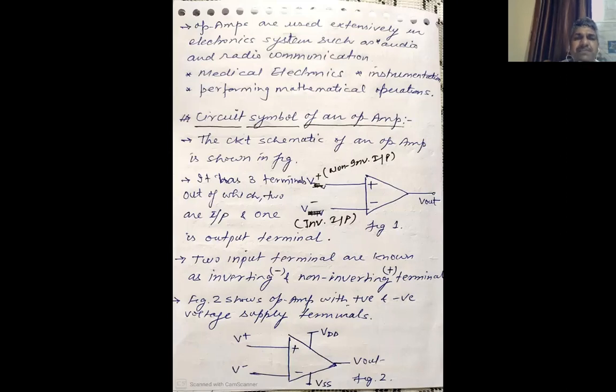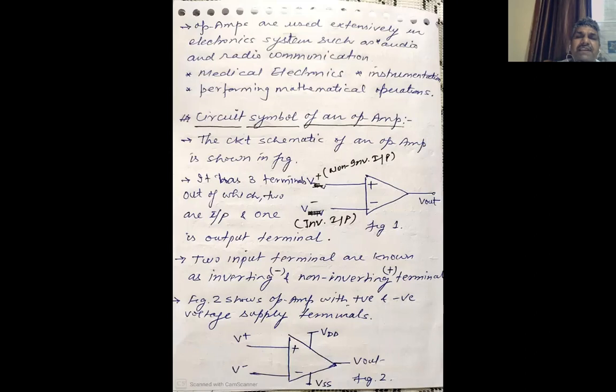The first input terminal is known as the inverting input terminal and the other is known as the non-inverting terminal. The inverting terminal is marked with a negative sign, and the non-inverting with a positive sign.